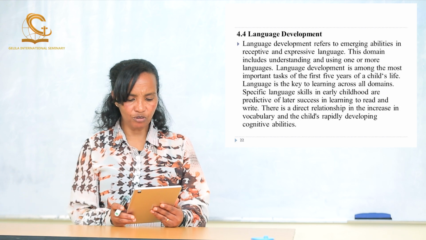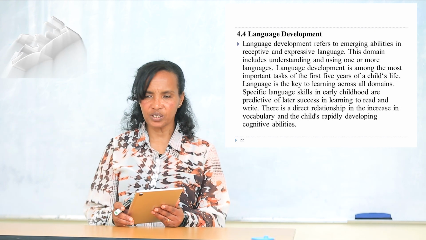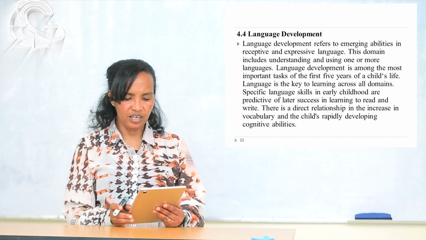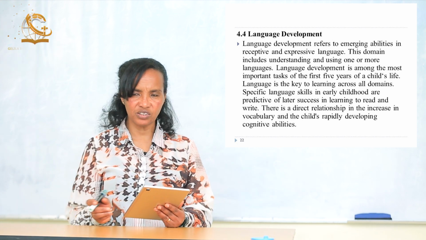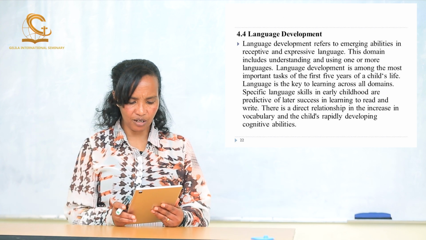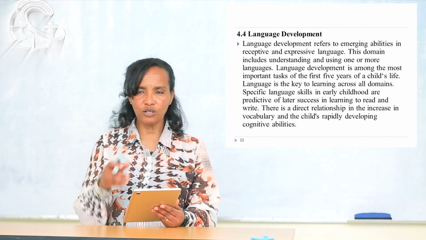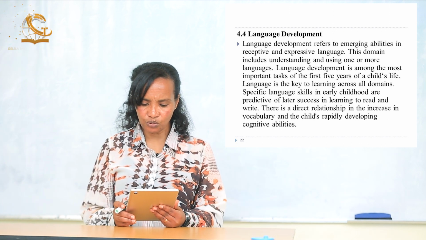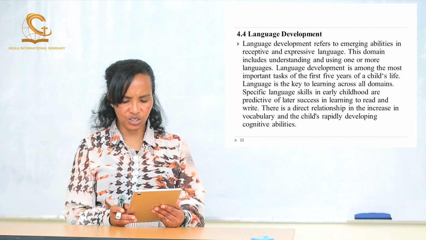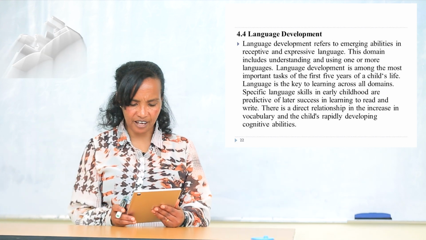The other aspect of development is language. Language is one of the important aspects of development. It refers to emerging abilities in receptive and expressive language. This domain includes understanding and using one or more languages. Language development is among the most important tasks of the first years of a child's life.